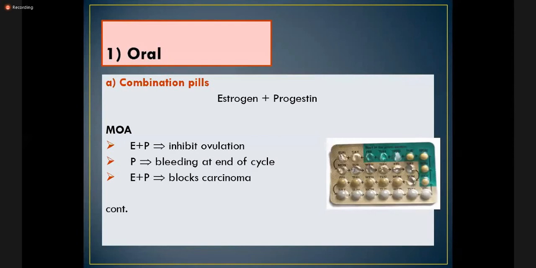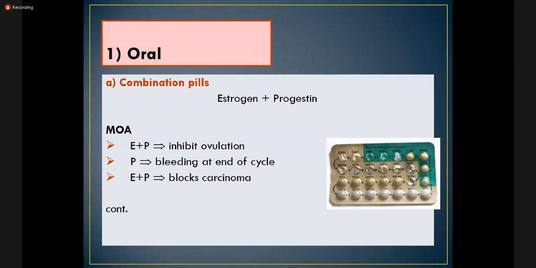But the estrogen component increases the chances of breast carcinoma. So if a female has a family history of breast carcinoma, we usually avoid the estrogen component. In that situation, we can give progestin-only pills to that female.